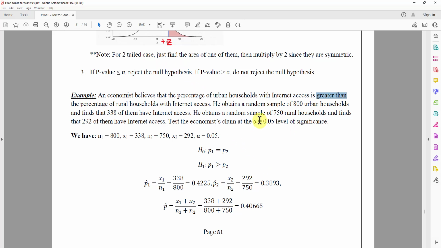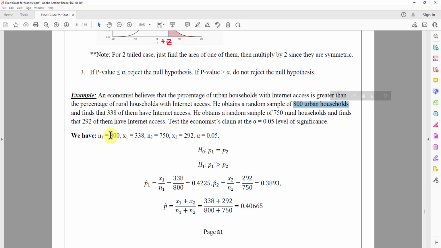So in this problem, we are talking about the percentage, right? That is the proportion. There are two populations. One is the urban household. We call this the first population. And the second one is the rural household. This is the second population. Now, for N1, we have 800 urban households.